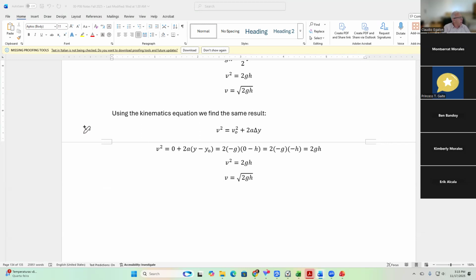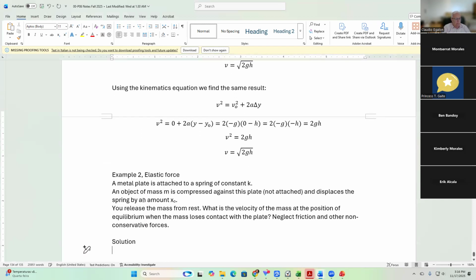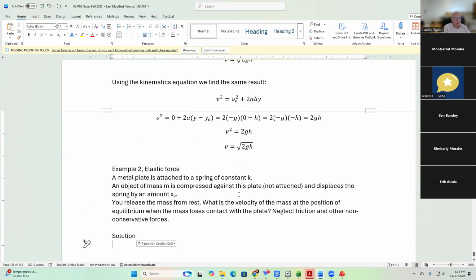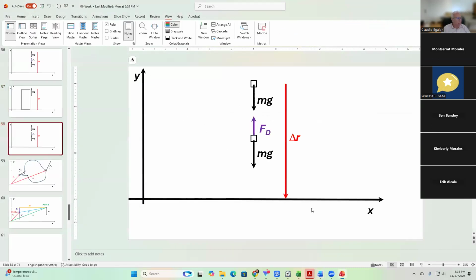Elastic force. Let's do an example of elastic force. Here you go. A metal plate is attached to a spring of constant k. Let's see if I have an illustration for this one here.